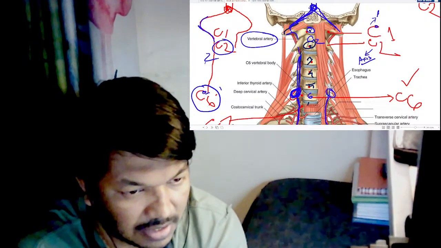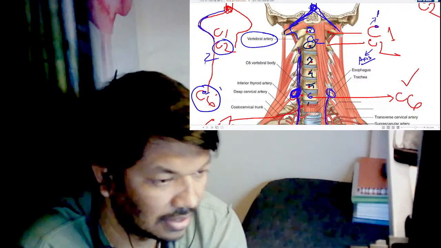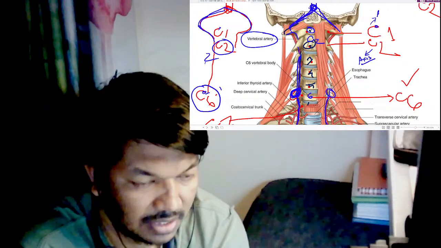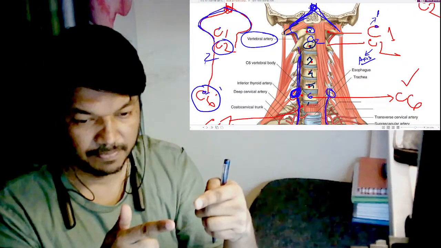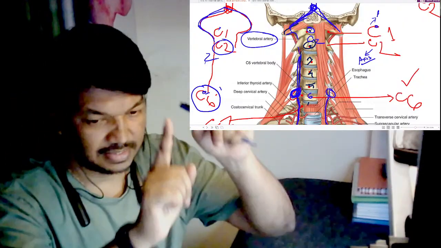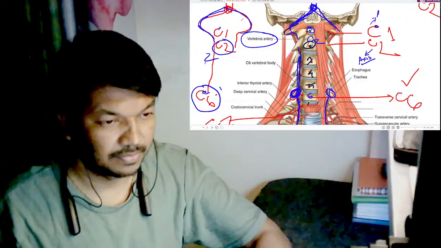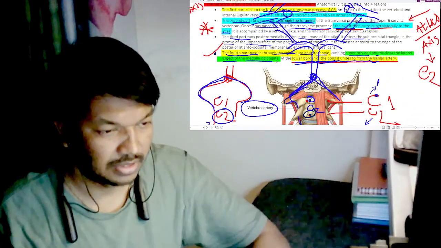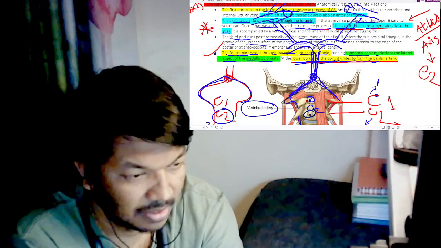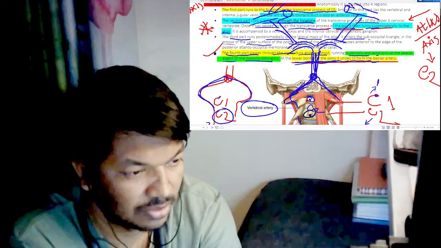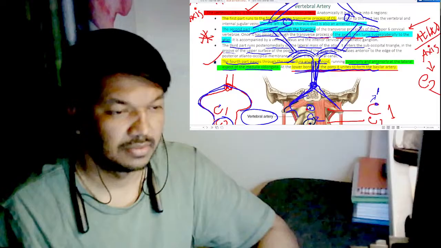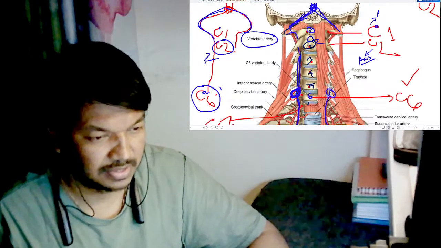In both sides it crosses the C1 vertebra, then goes medially and enters into the base of the skull from the back. It ascends, and at the level of pons they join together to form the basilar artery. The basilar artery again divides into two posterior cerebral arteries, and then they form the circle.